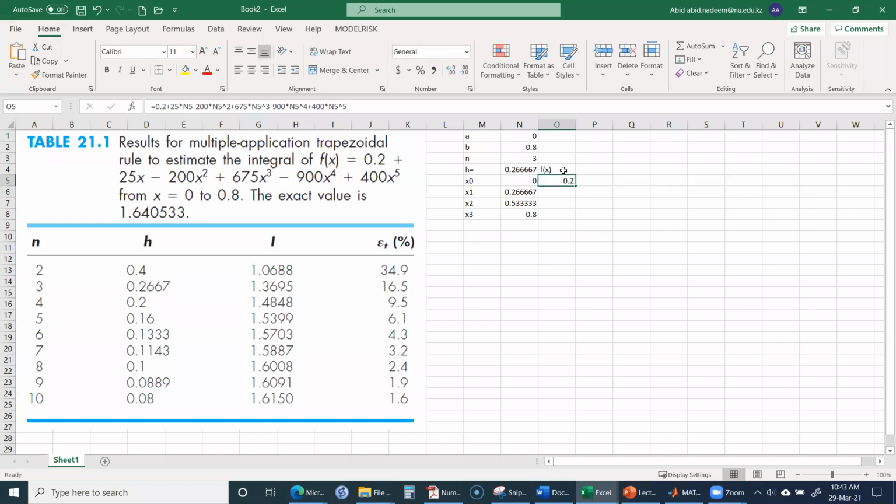So this is how we represent f of x. And now I can just copy it down, and then here we have these values.